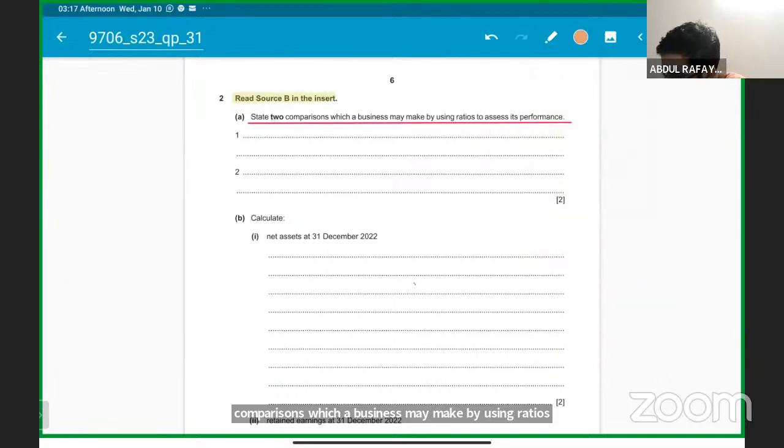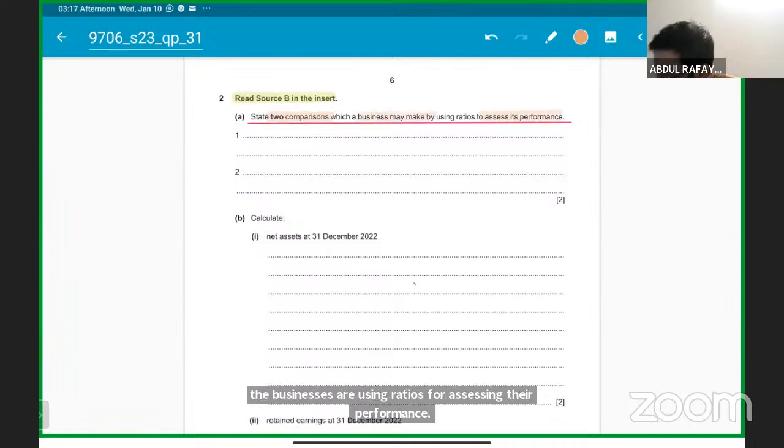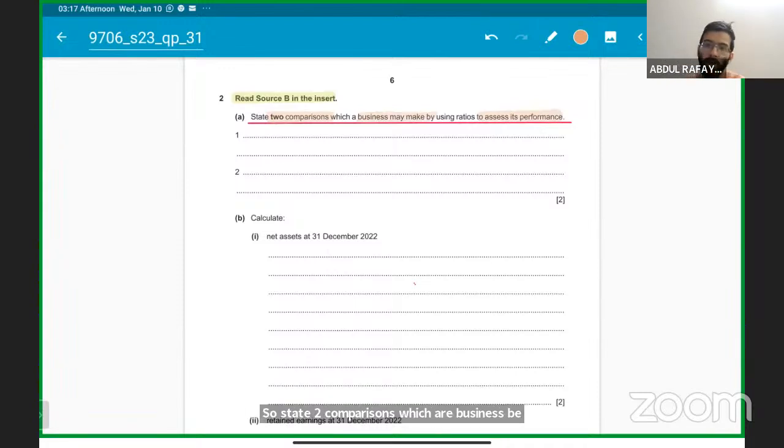So we have to do two comparisons, students, on why businesses use ratios for assessing their performance. Getting it clear? Any questions? Any problem?